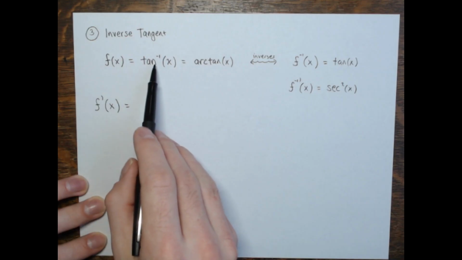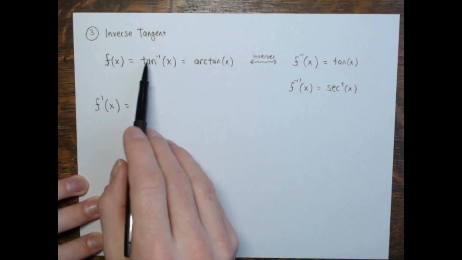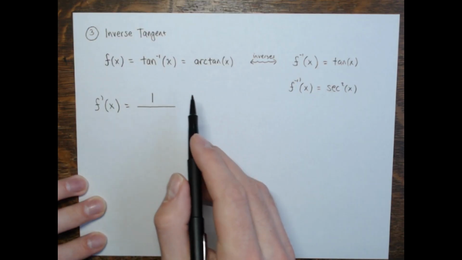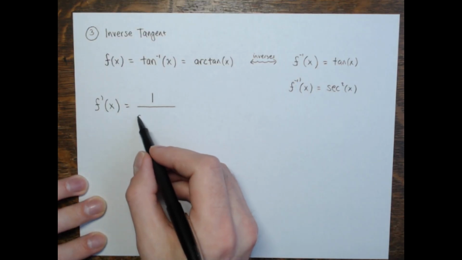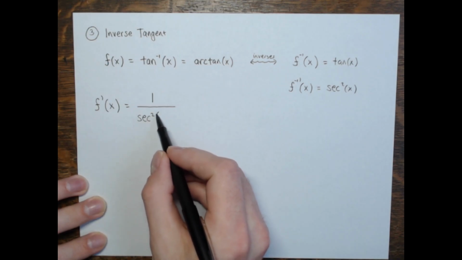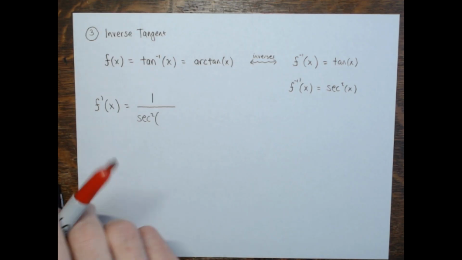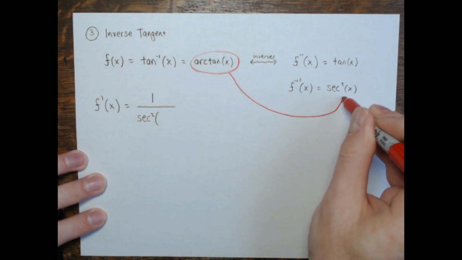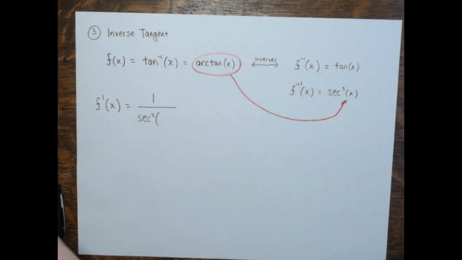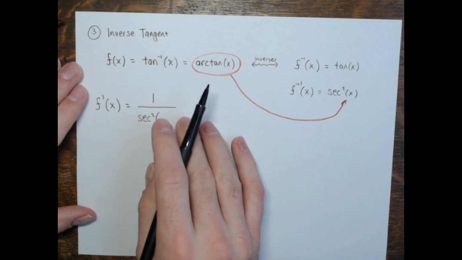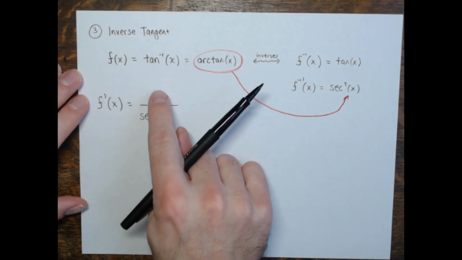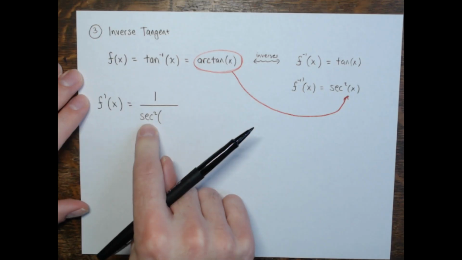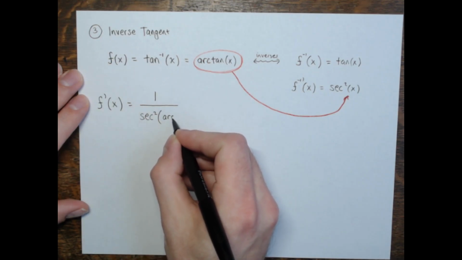So the derivative of our inverse tangent function here is going to be 1 over the derivative of regular tangent, so 1 over secant squared, but with not just x inside, but our original function, this inverse tangent of x, put inside. So the derivative of inverse tangent is 1 divided by secant squared, with the inverse tangent put inside.